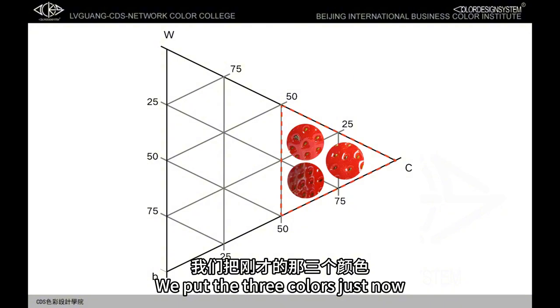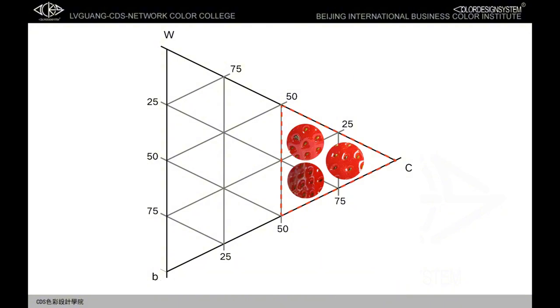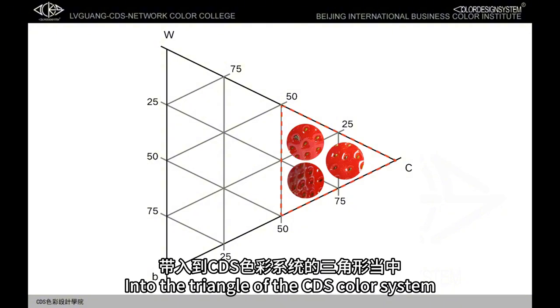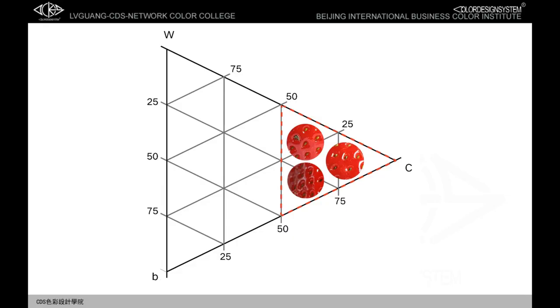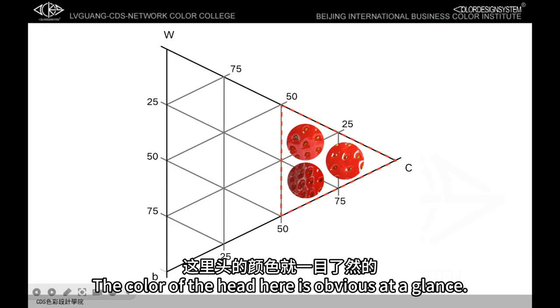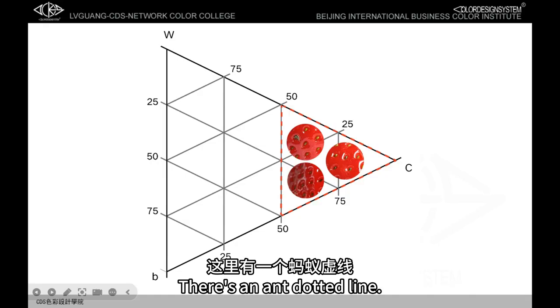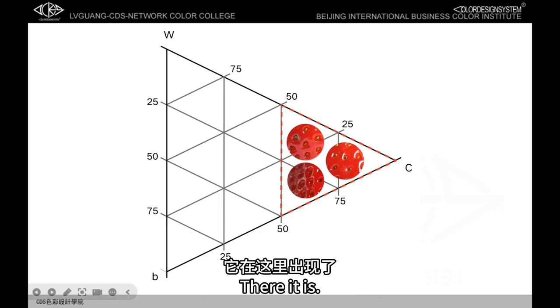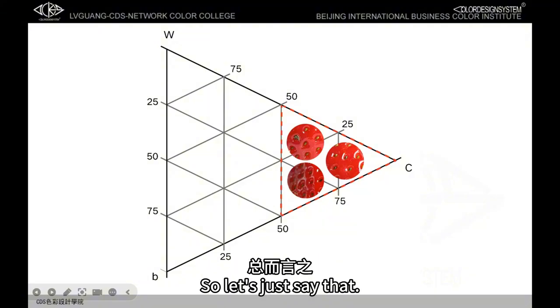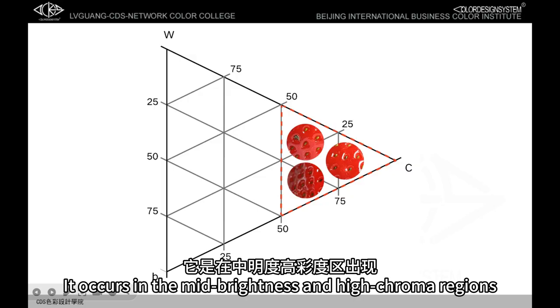We put the 3 colors into the triangle of the CDS color system, and the color of the head is obvious at a glance. It's over here, there's a dotted line. It could be here, it could be here. So let's just say that it occurs in the mid-brightness and high chroma region.